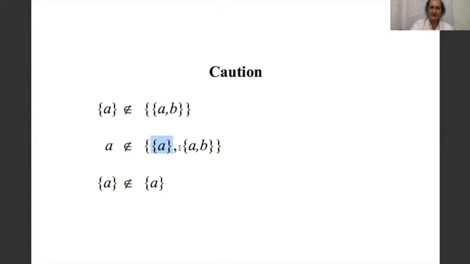This is a member, and this is a member. That is, this whole set contains only 2 objects. The set containing A is one of those. And the set containing A and B is the other one. Neither of those is the individual A, and therefore the individual A is not a member of that big set.